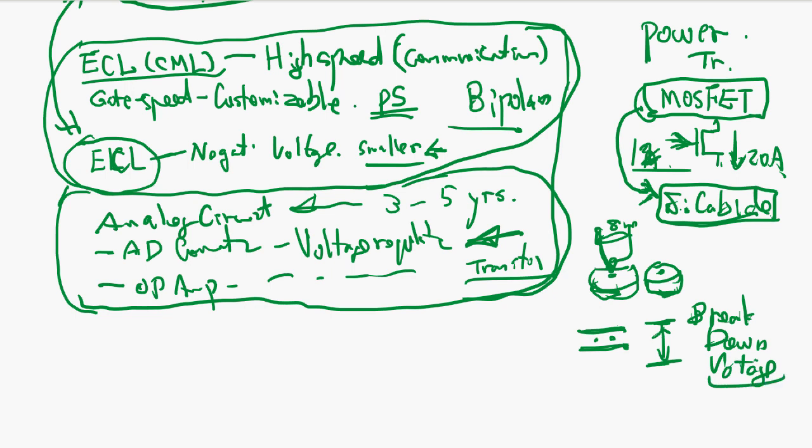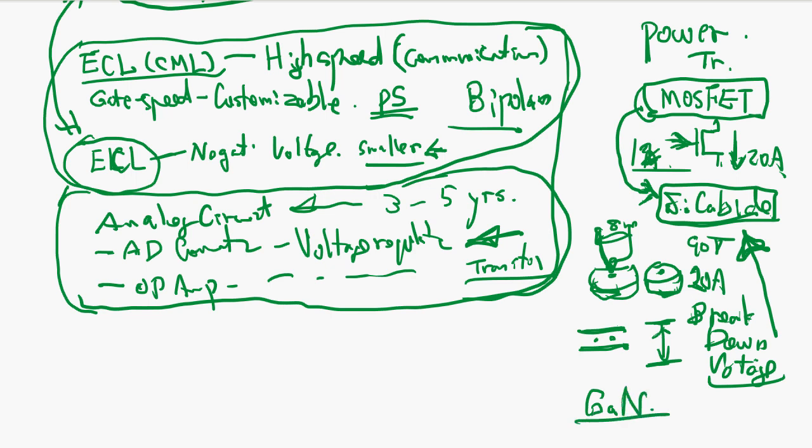So breakdown voltage becomes larger. Nowadays those high power devices, 20 amp and sometimes 90 volt high voltage breakdown voltage, silicon carbide is the best option. Now the new one coming out is gallium nitride.